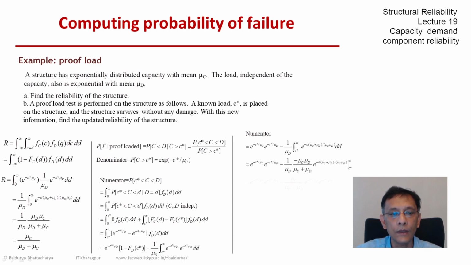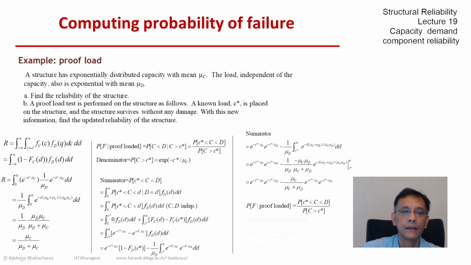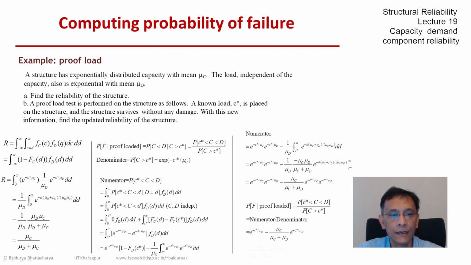And the answer will be given in a next step, that is the original answer, but it is now modified by the probability that exponential minus C star over mu D. So that is the modifying term to the failure probability. So now my failure probability is less than what it was before.